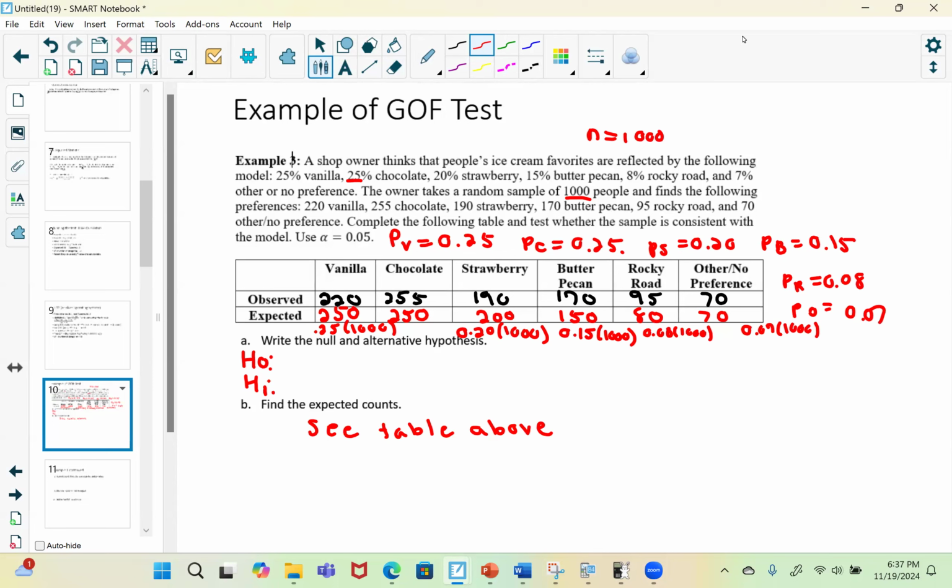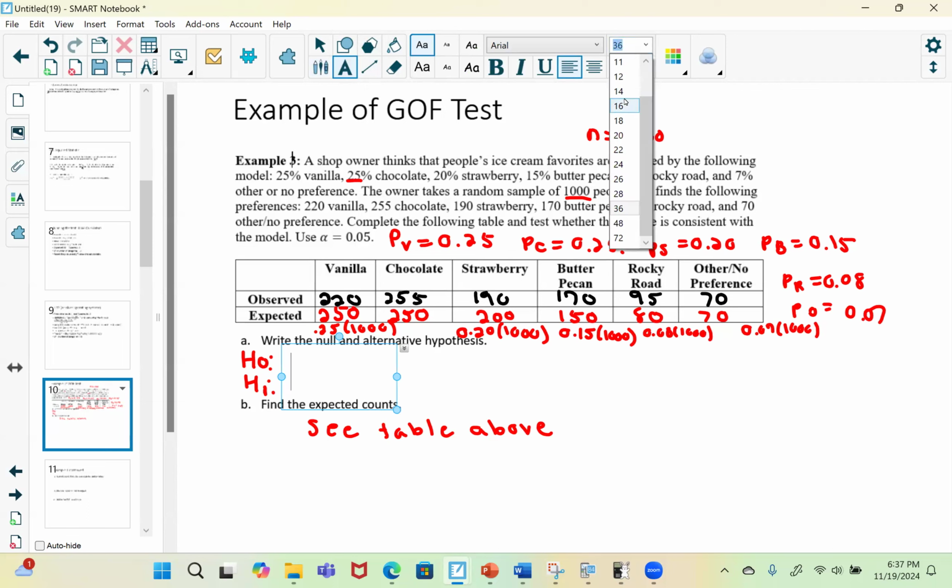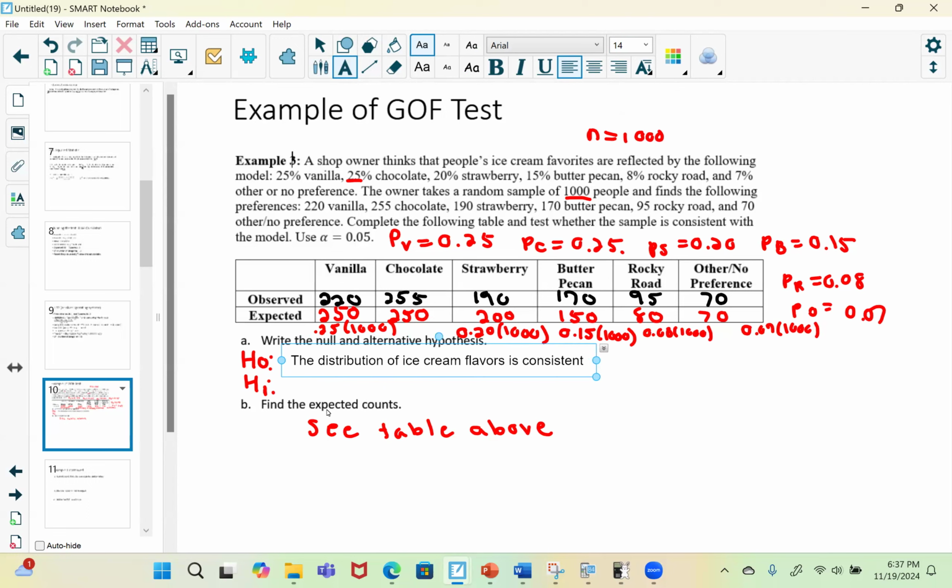So we're going to first write the null and the alternative hypotheses. For these problems, they're a little bit different than all the other ones we did. The null and the alternative are always in words, and the null is always the model or the distribution of, and then we give the context, ice cream flavors, is consistent with the model.